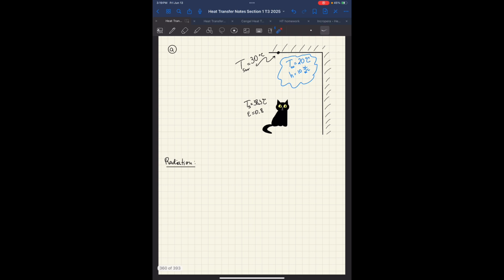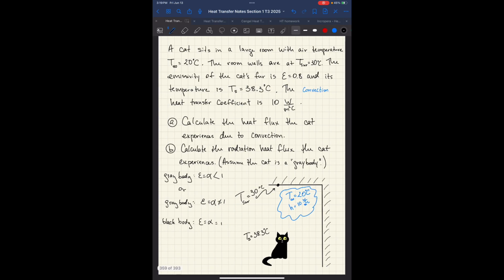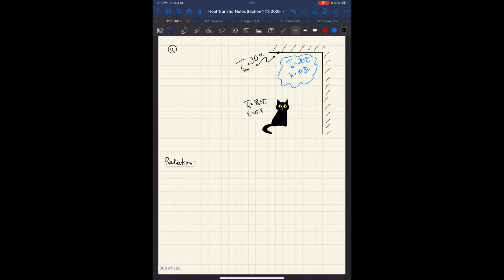So let's do the first part, which is to calculate the convection. They don't give us the surface area of the cat, so we have to find the flux. And in fact, let me just double check, they ask us just to find flux. Yes. So let's do that. So Q convection flux is H times Ts minus T infinity.